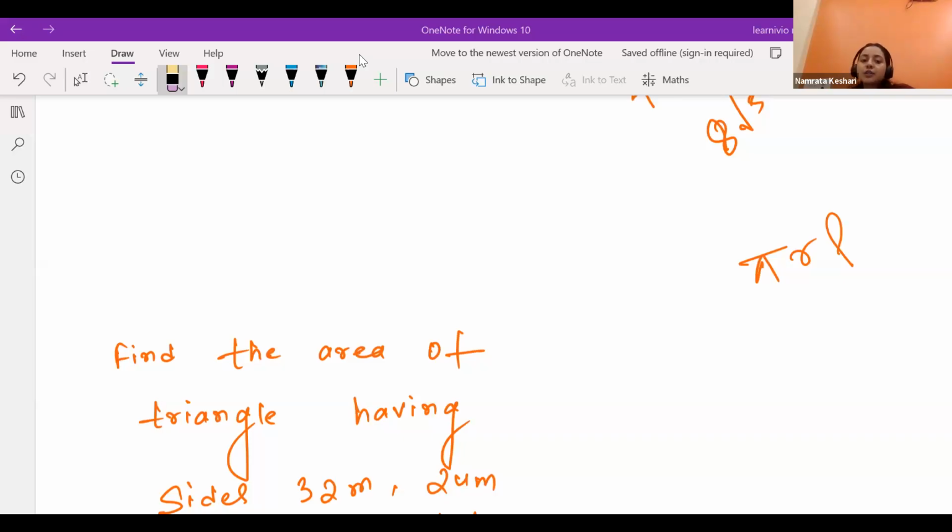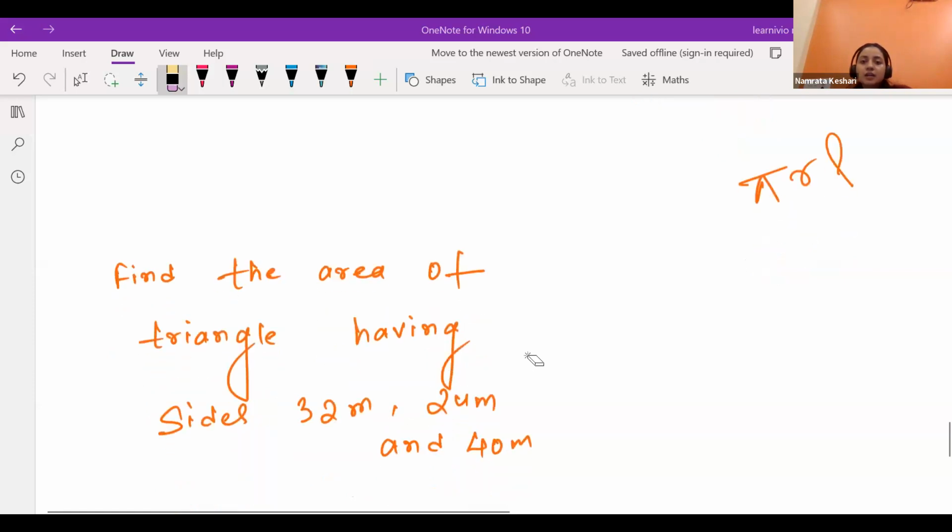Safia, are you getting it? Sazia, are you getting it? Sarah, are you getting it? Please solve it now. Tell me what is the area. Then we'll do it together.